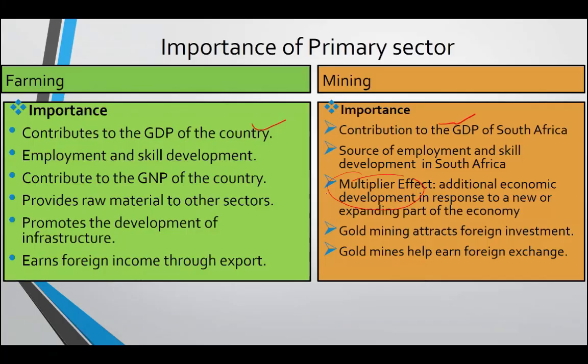Farming, if there is a farm, is going to give rise to or stimulate the development of an industry that is going to manufacture farm products. Let's say, for example, farming is going to stimulate the development of packaging, because they have to process maize.